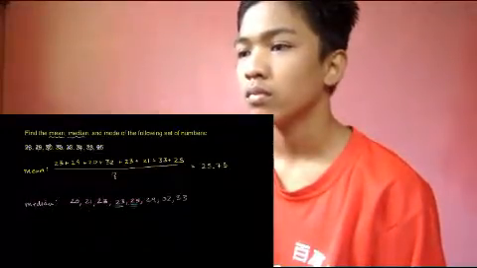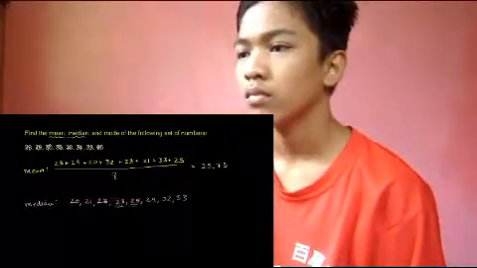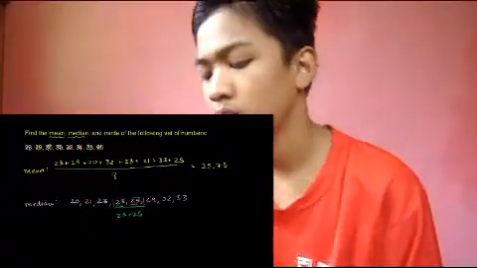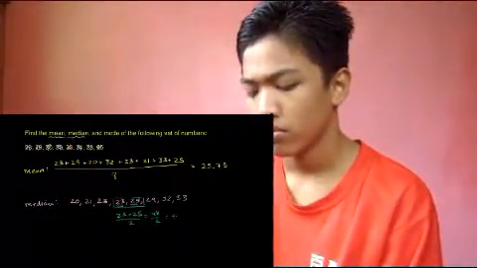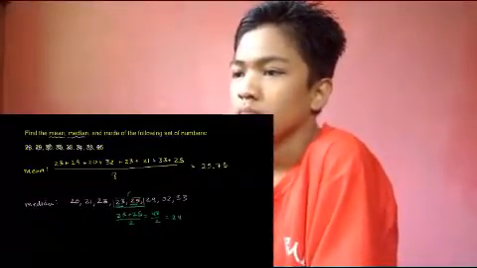And 25 by itself can't be the median because there's 3 larger than it and 4 less than it. So what we do is we take the mean of these two numbers and we pick that as the median. So if you take 23 plus 25 divided by 2, that's 48 over 2, which is equal to 24. So even though 24 isn't one of these numbers, the median is 24.